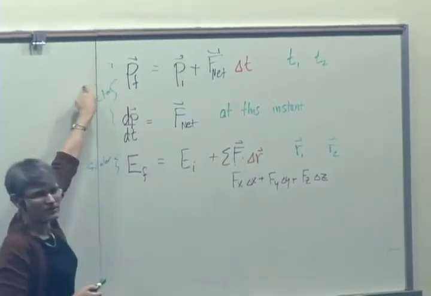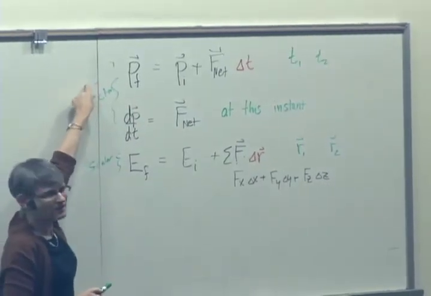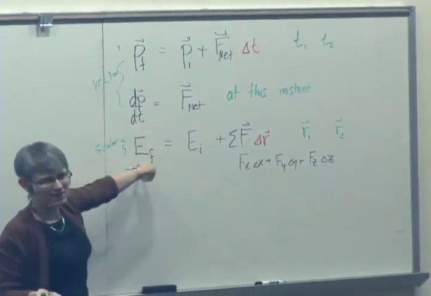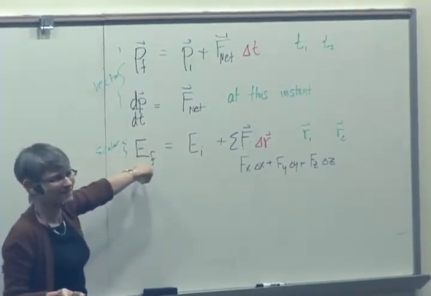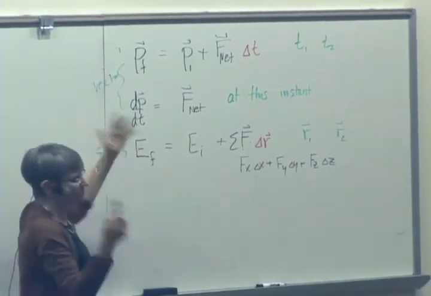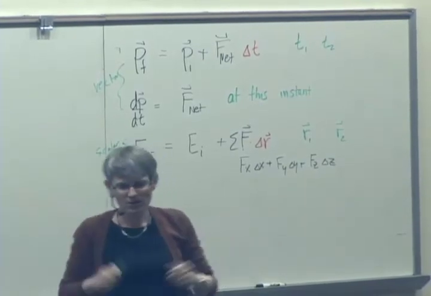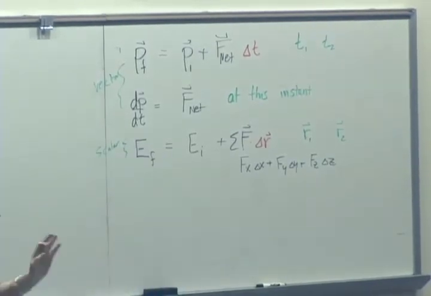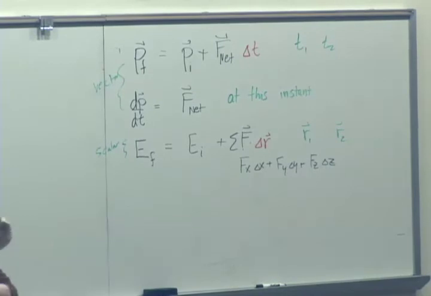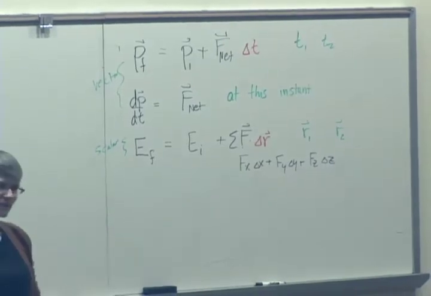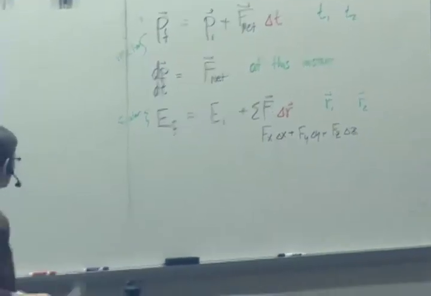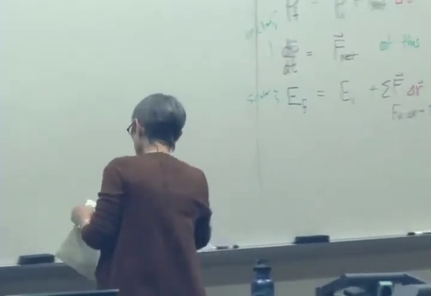If you're asked for an answer that's a vector, you're probably not going to get it out of the energy principle. If you're asked for a speed, maybe you can. So these are kind of heuristics. One key thing is to draw a diagram, and if you have a diagram with two different states, then.